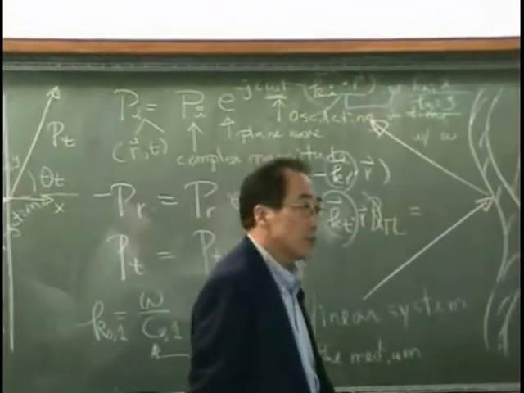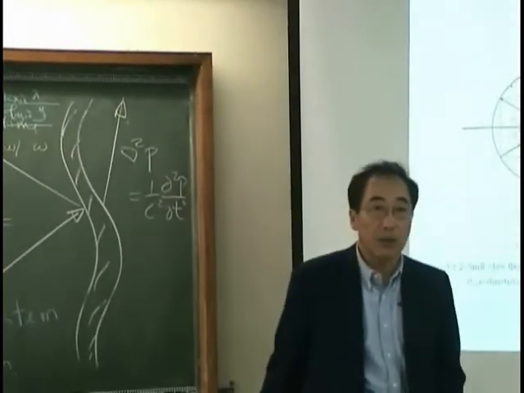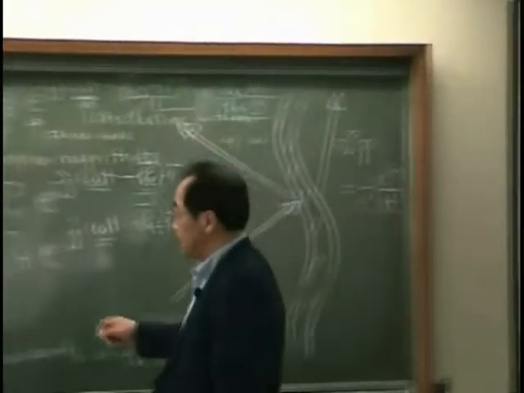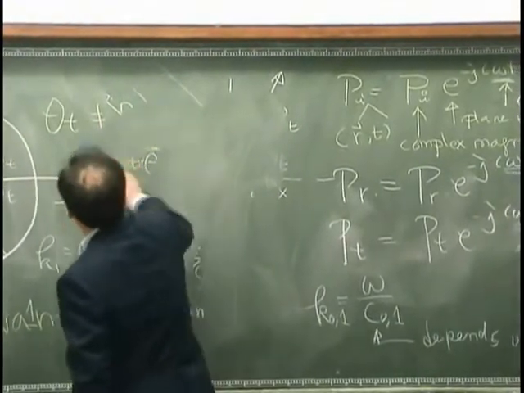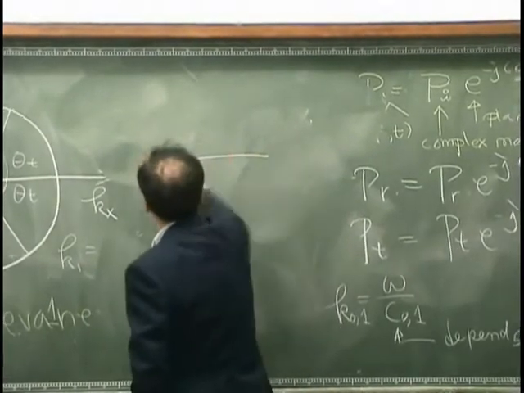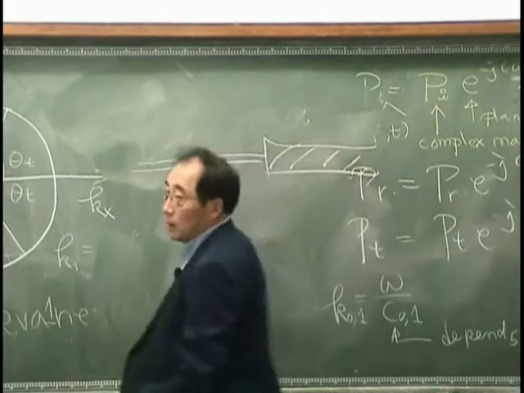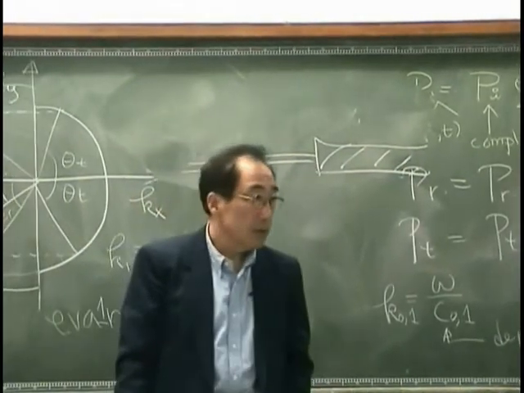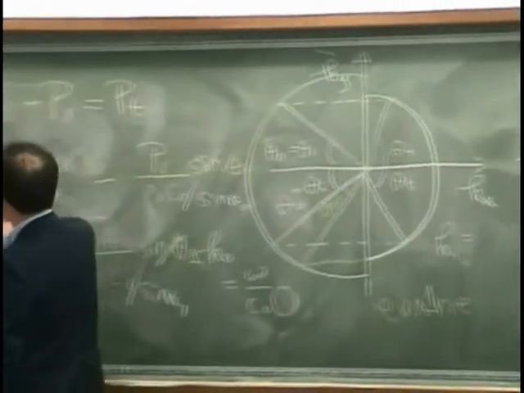And those results are exactly the same as the result we obtained for the string that has a different characteristic impedance. The only difference is this.